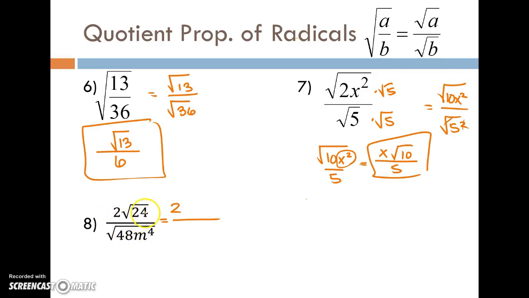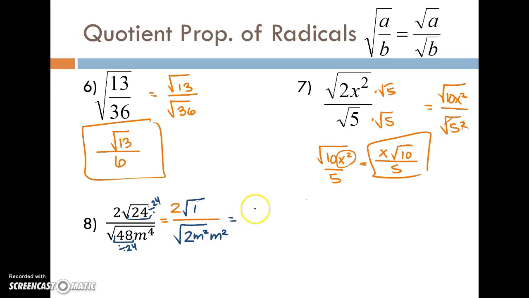I'm going off script here. 24 goes into there, so it's like having the square root of 1. If I divide this by 24, 24 divided by 24 is 1. That's a nice friendly one because the square root of 1 is just 1. And in the denominator, 48 divided by 24 is 2. And then I have m squared times m squared.